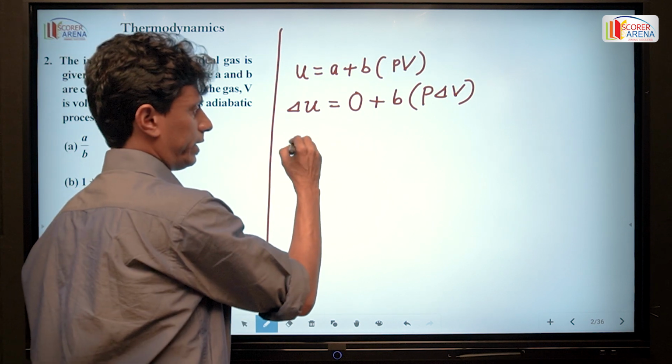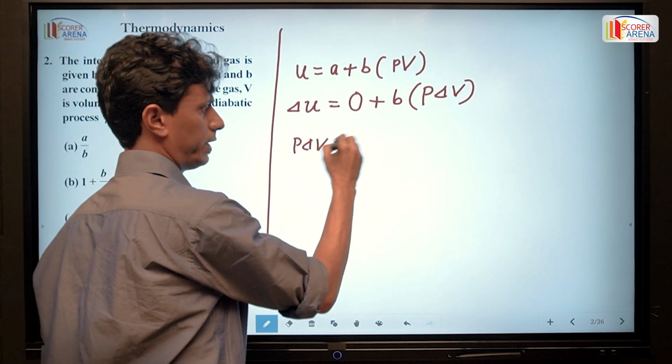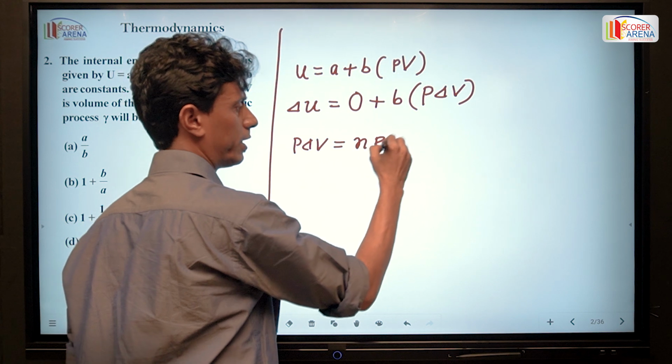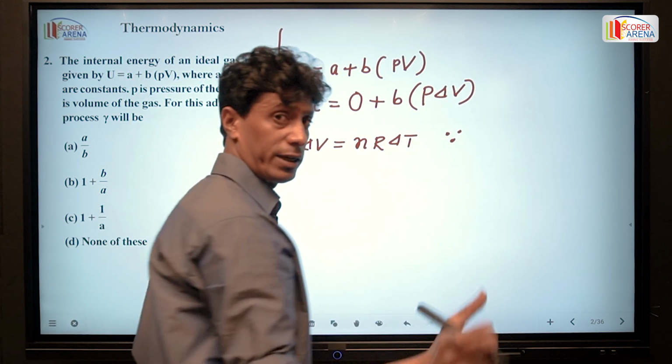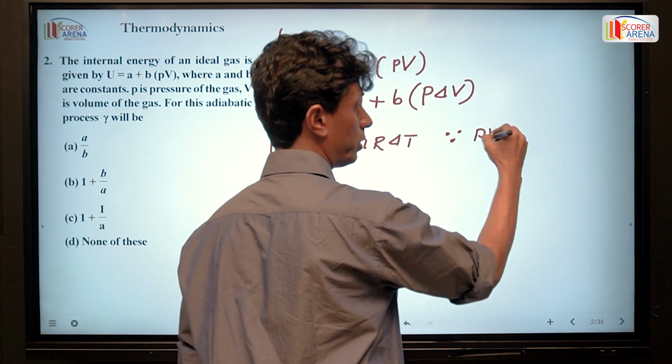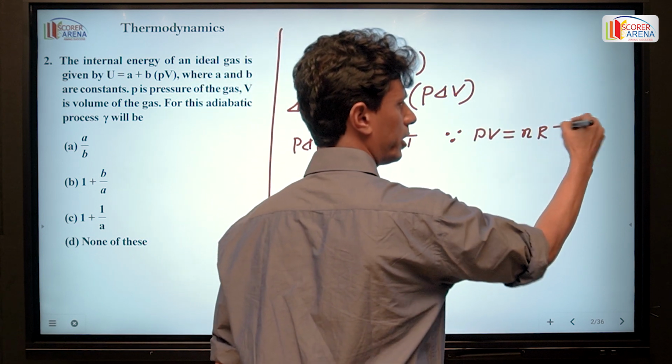And P del V can be written as nR del T, since we know for an ideal gas PV is equal to nRT.